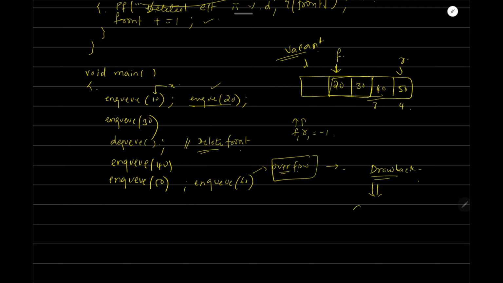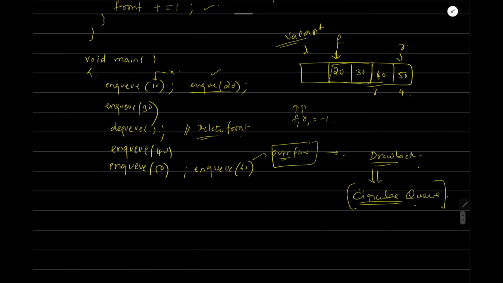That is why we are using the circular queue. In the later class, we will also discuss in detail the circular queue and its algorithm and program details. As of now, we need to understand that after reaching the overflow, even if there is a vacancy at the initial elements before the front, we are not able to add any new elements further.